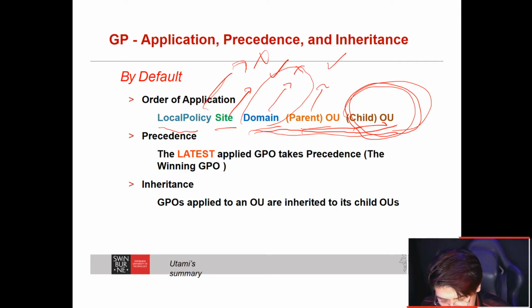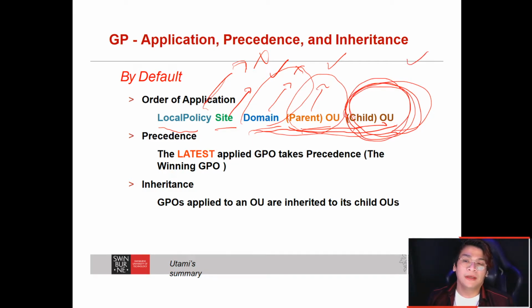People inside the domain cannot change wallpaper, but the people inside the parent OU can change wallpaper, and people inside the child OU can change wallpaper. But what if the child OU says you cannot change wallpaper, and then any member inside the child OU cannot change wallpaper? So what if we have two types of GPO going against each other?